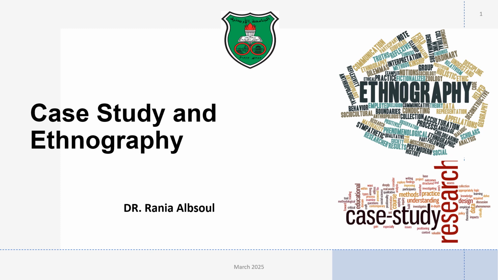In this lecture, we will start talking about the different traditions or different approaches to qualitative research. As we mentioned in the first lecture, there are five main types of qualitative research approaches or traditions, which are case study, ethnography, phenomenology, grounded theory, and narrative research.